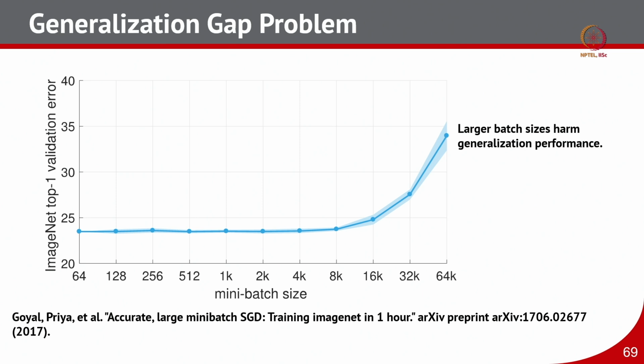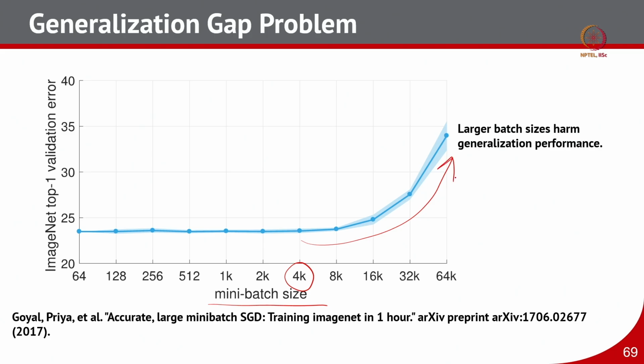So, this particular figure is showing the ImageNet top 1 validation error with respect to different mini batch sizes. As you can see, the validation error does not change much till the point when the mini batch size is 4000, but when the batch size is more than 4000, then the validation error increases a lot.